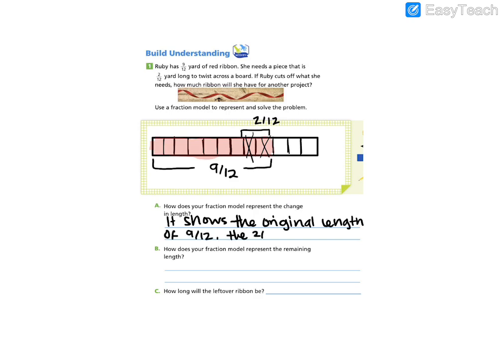The 2/12 that we crossed out is the cut off piece. Okay, so that's the piece that she cut. We crossed off our 2/12 because that is the piece that she cut off.